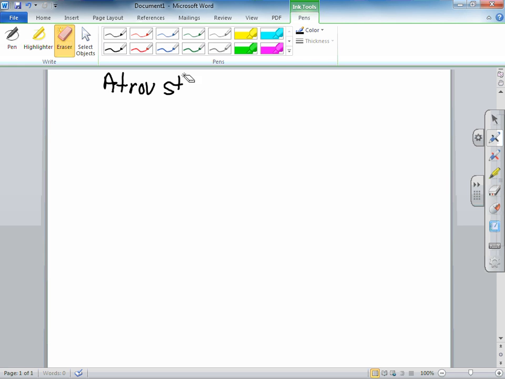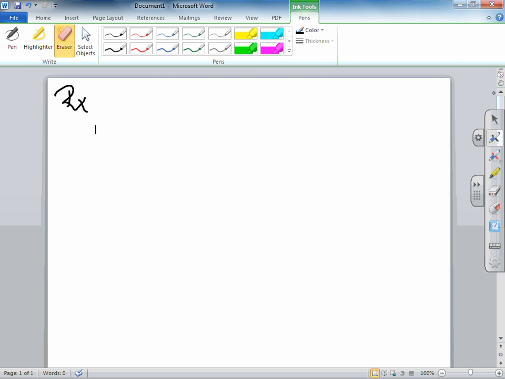That's what you interpret that prescription to read. For those that want to see me write it out, I interpret this prescription to read.